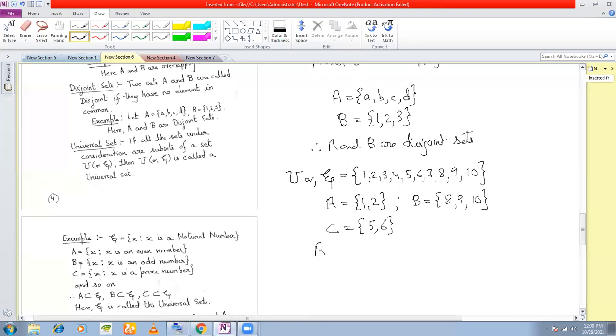You see that A is a subset of Xi because all the elements of A are there in this set Xi. Also, B is a subset of Xi and C is also a subset of Xi. So therefore, U or Xi is called the universal set.